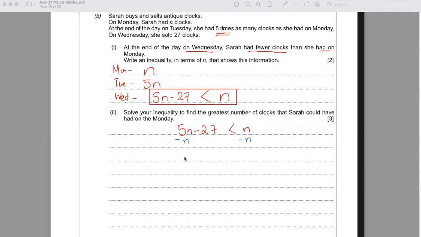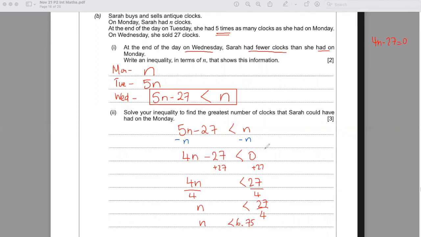So 5n take away n is 4n, take away 27, less than n take away n, 0. Okay, so exactly the same as you saw, 4n minus 27 equals 0. So you add 27 on both sides. 4n less than 27. Then divide by 4, so 27 divided by 4, and n less than 6.75.